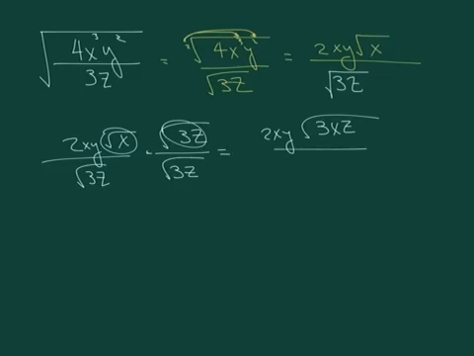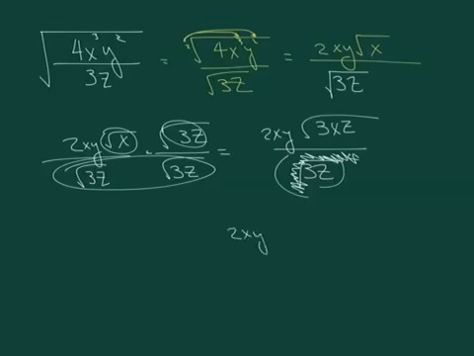And that's going to be over that. And remember, because we multiplied that times that, this becomes squared, which means everything gets erased here except the 3z. So our final answer then is the 2xy on top, square root of 3xz all over 3z.